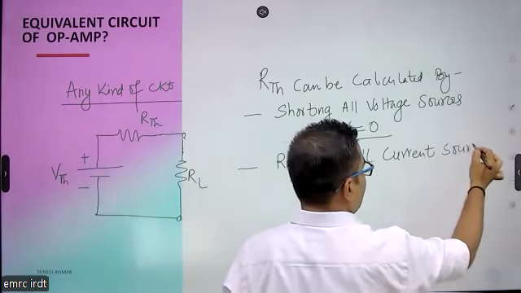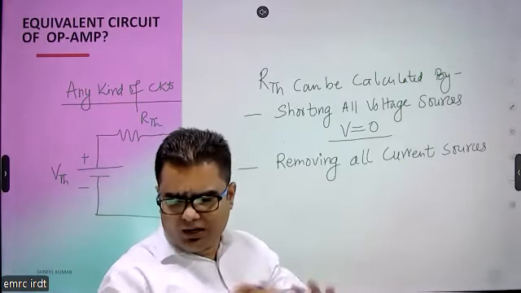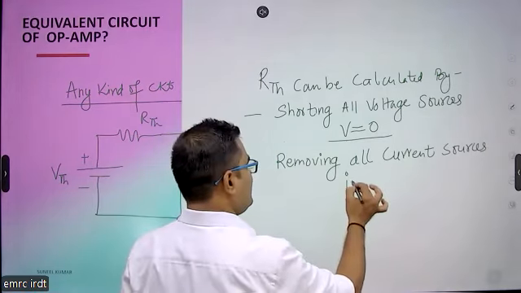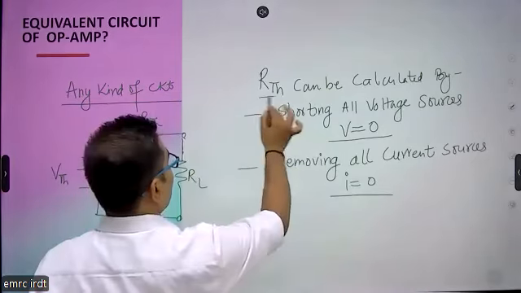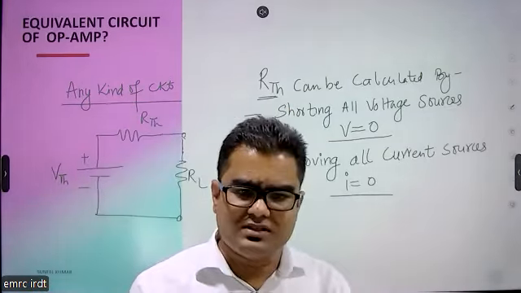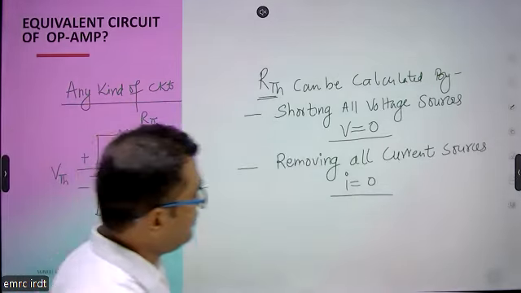Removing all current sources means we will remove all the current sources that are connected, and we will short all the voltage sources. I should be 0. So by utilizing these two conditions, we are calculating RTH, and this RTH is always the output resistance in an operational amplifier that we have seen in the equivalent circuit of the op-amp.